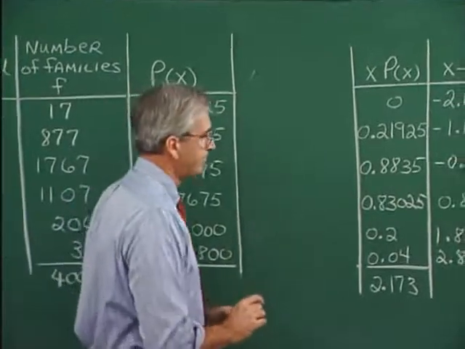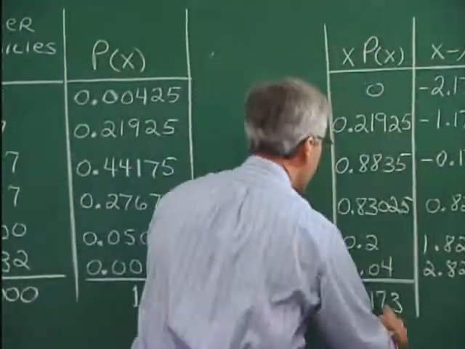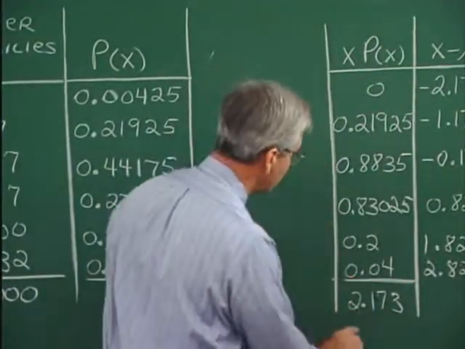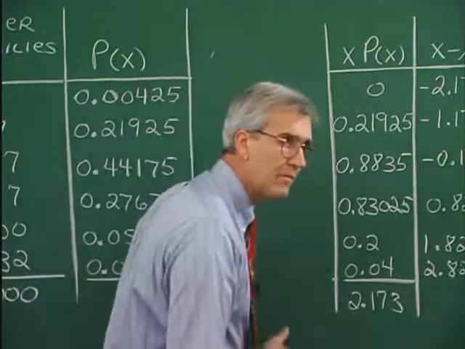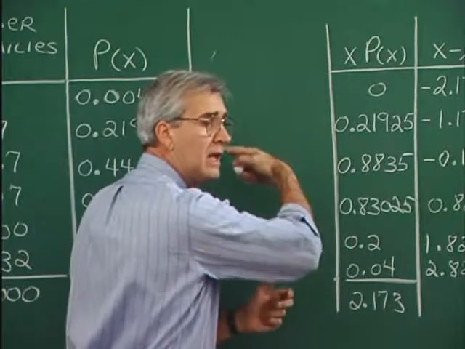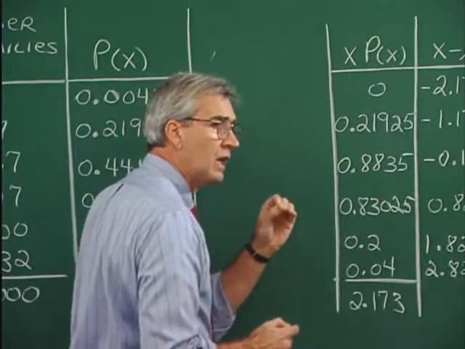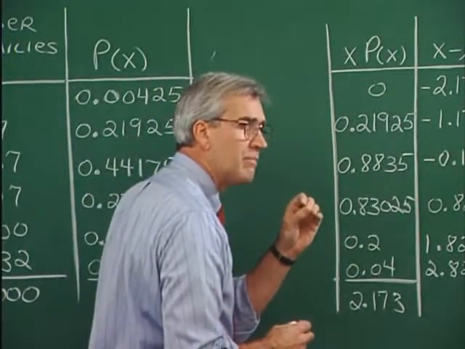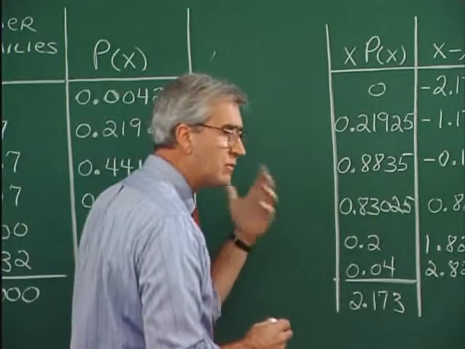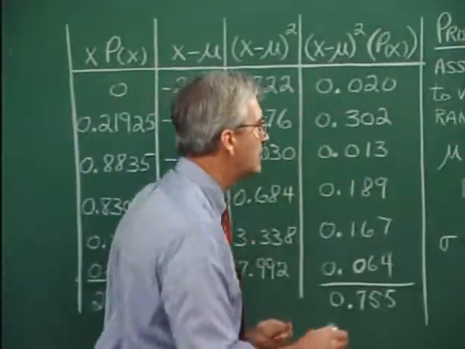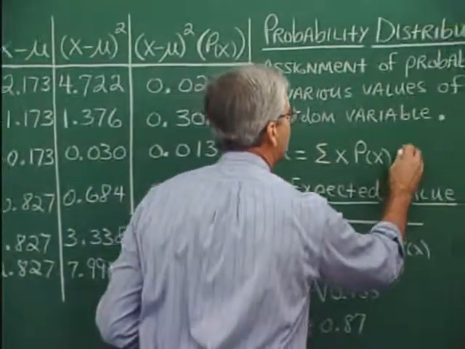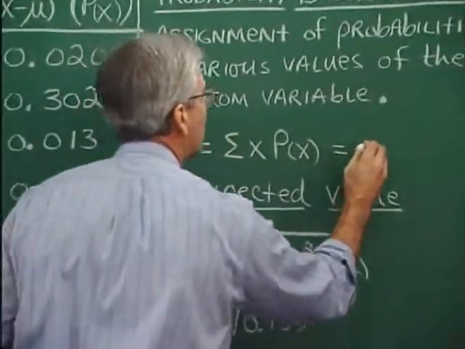Okay. Now, the sum in this column, just add these, we get 2.173. 2.173, where do I remember that? That was back over here. That was the mean of the population. That was mu. 2.173 then is the sum of the xP(x) column.